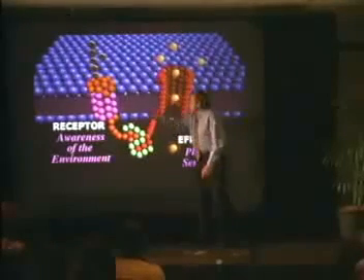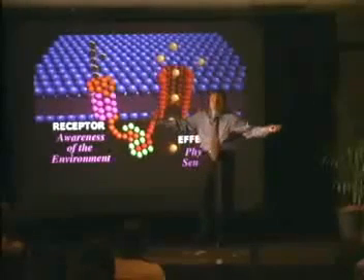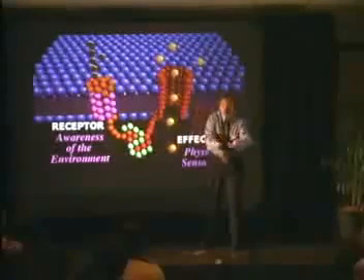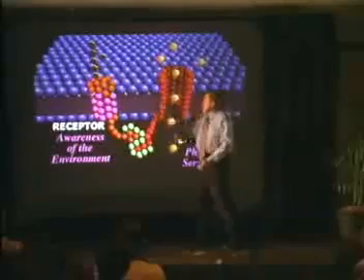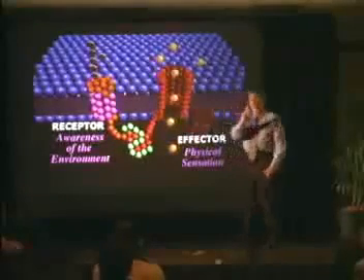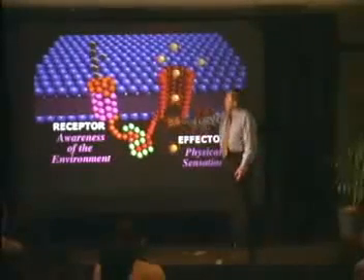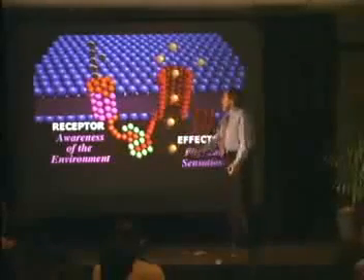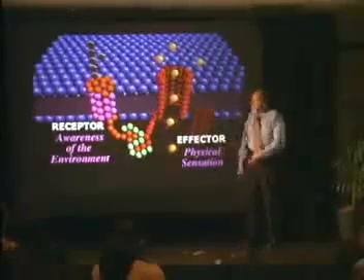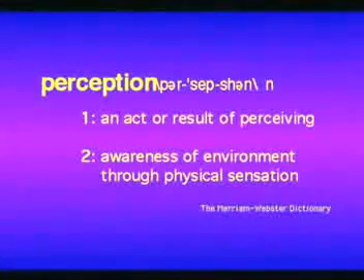What does this do? It controls a typical behavior in response to the signal. Well, what is this called? Well, it represents awareness of the environment through physical sensation. So what is this control unit actually called? Perception. Perception, awareness of the environment through physical sensation.